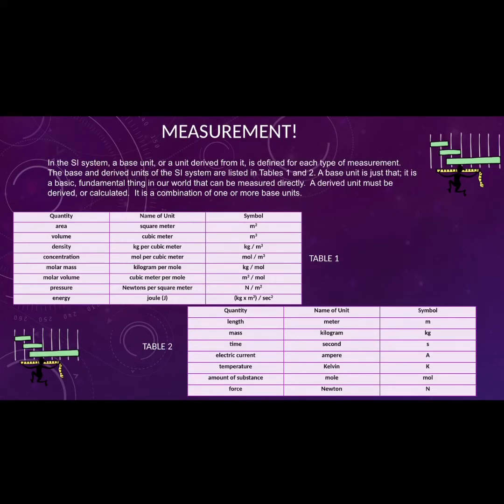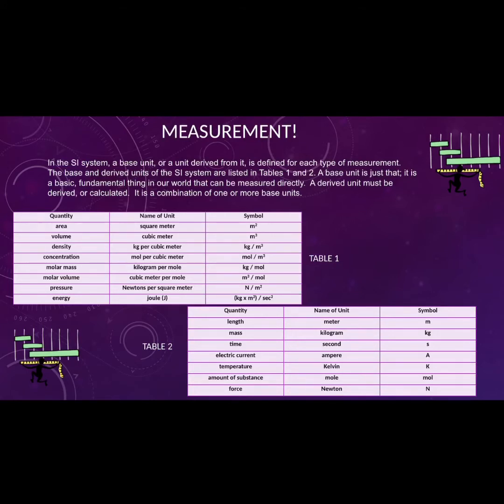In the SI system, we have a base unit, which is a derived unit for each type of measurement. So our base units are usually grams or kilograms, liters, meters, things like that.